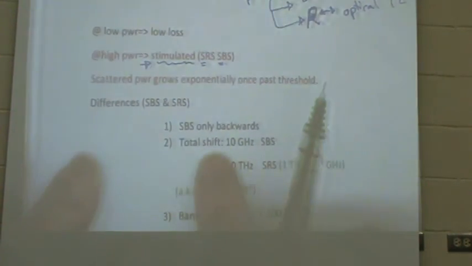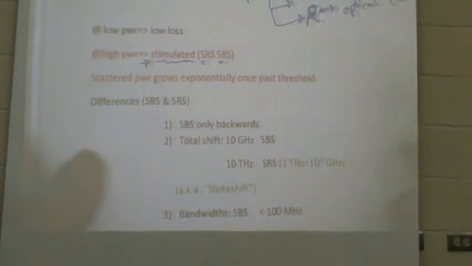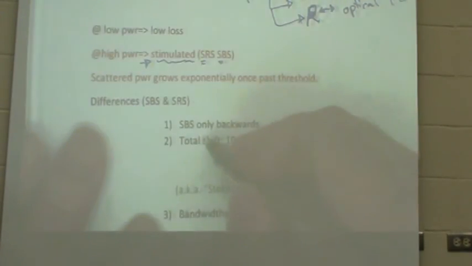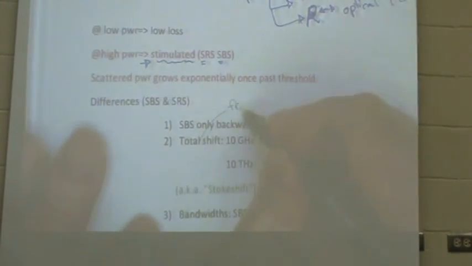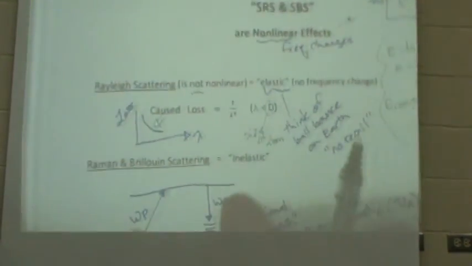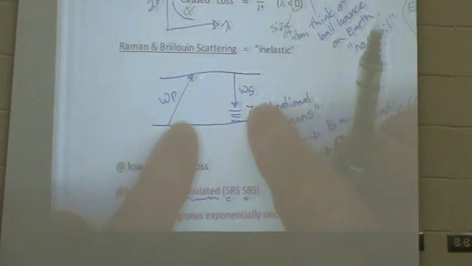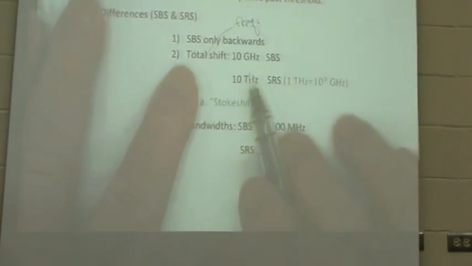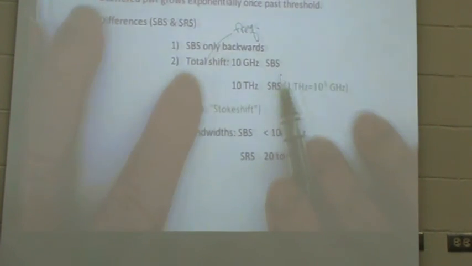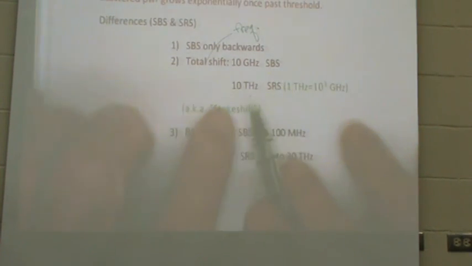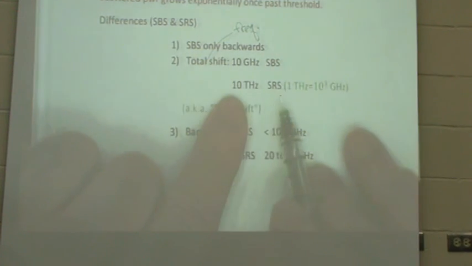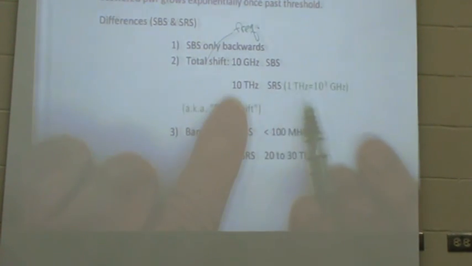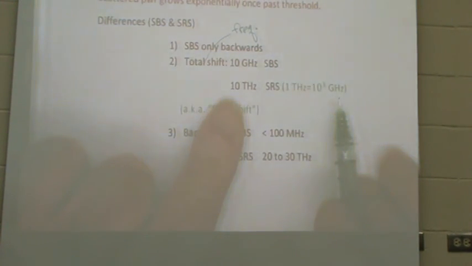There's a frequency shift, a total frequency shift. The difference between these two frequencies is about 10 gigahertz for Brillouin scattering, whereas it's about 10 terahertz for Raman scattering. 1 terahertz being 10 to the 3 gigahertz.